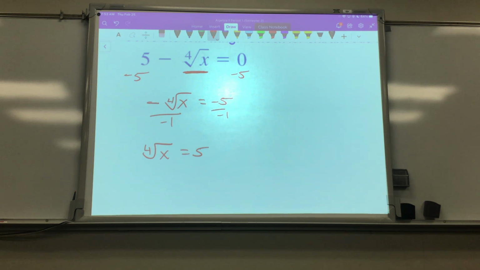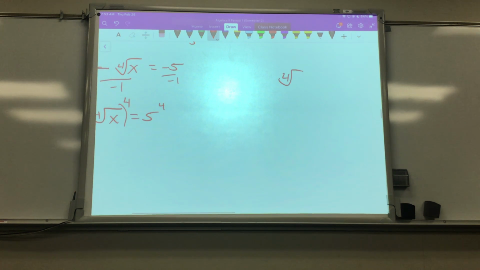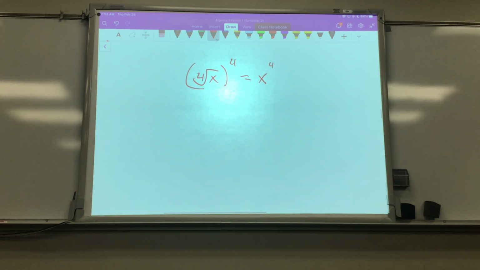So how am I going to undo a 4th root? Take it to the 4th power, good. We take both sides to the 4th power. The 4th root of x taken to the 4th power is x to the 4/4, which is just x.